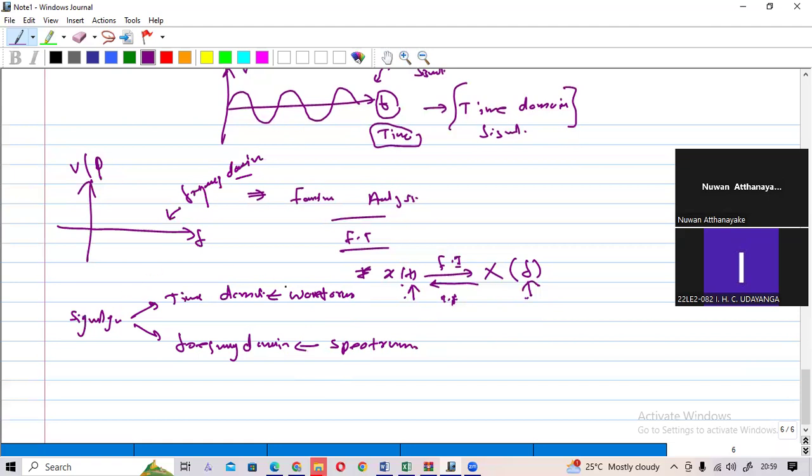You should be able to measure the waveform, and you should be able to measure the spectrum also. The instrument we use to measure the waveform is the oscilloscope. To see the spectrum, there is another one, the spectrum analyzer.